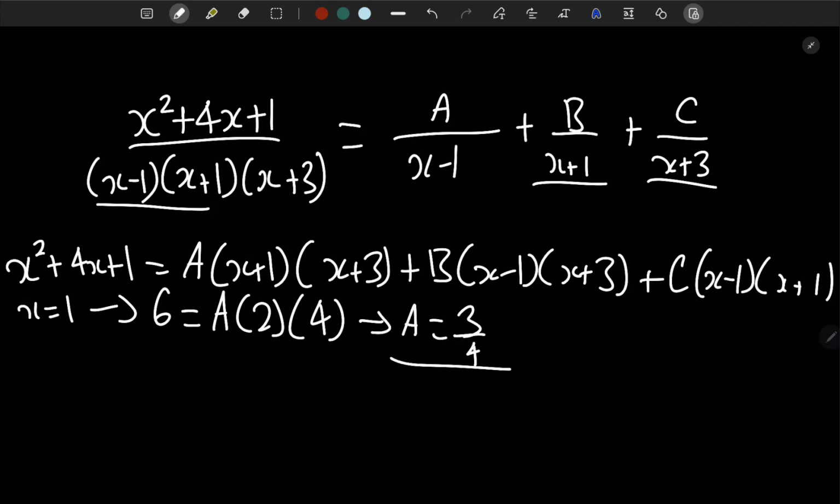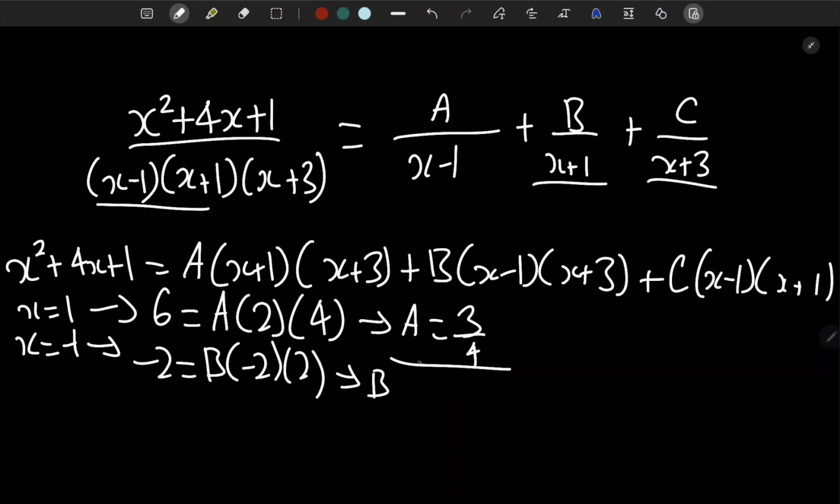So we found one of the unknowns. Now moving on, let's substitute the next root for x. So let's do minus 1, and we will get minus 2 is equal to b into minus 2 into 2, and therefore b here is equal to half.